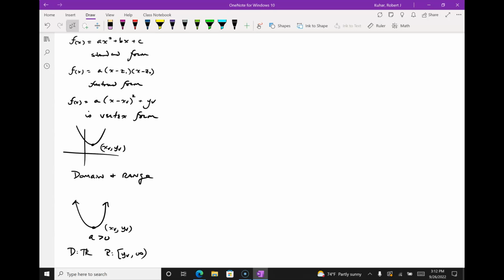It's called factor form. It's A times the quantity x minus z sub 1, meaning the first zero, and then x minus z sub 2, the second zero. Okay?